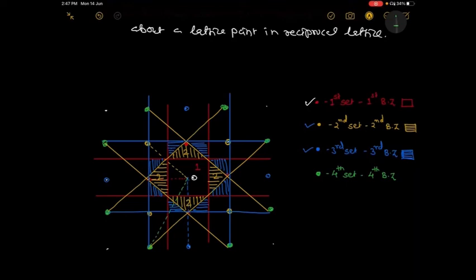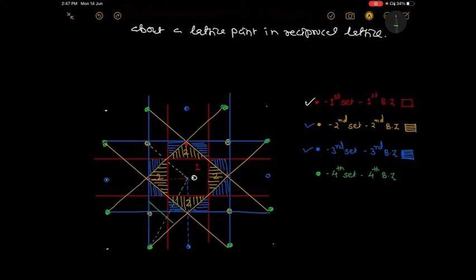For that we join the center point to that point and we draw a perpendicular bisector to that line. That perpendicular bisector we draw.